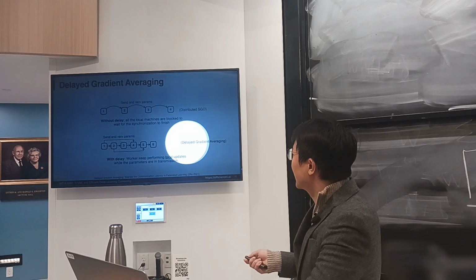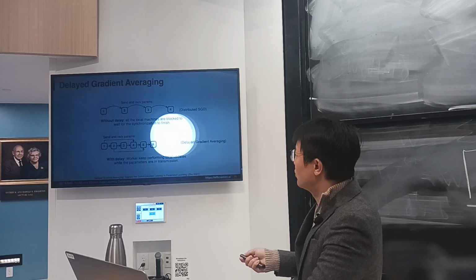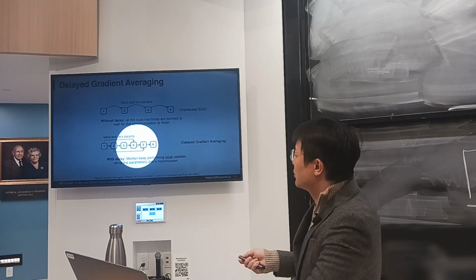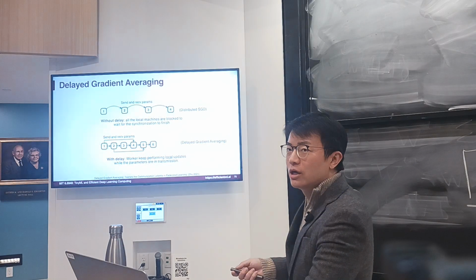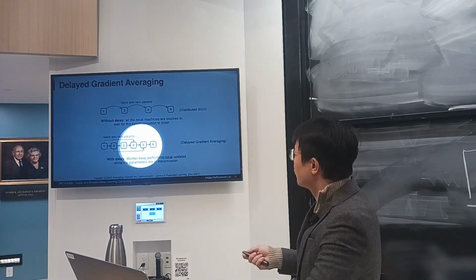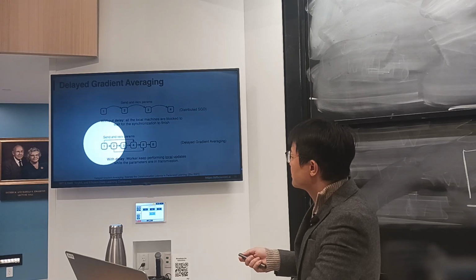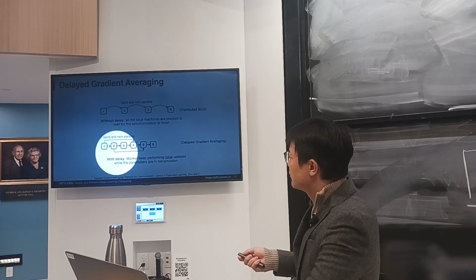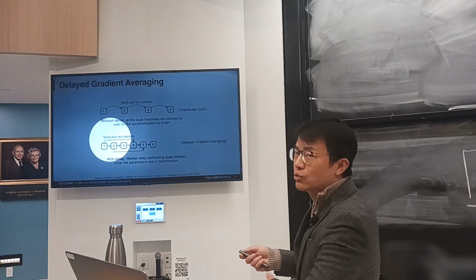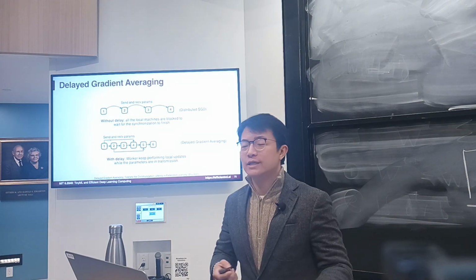So this is called delayed gradient averaging. We are summing up the gradient coming from a previous step. It's delayed, but it can still converge. So step 4 receives the gradient from step 1 and makes progress, and step 5 receives the gradient from step 2. So we are not losing anything. We are just using the stale gradient.